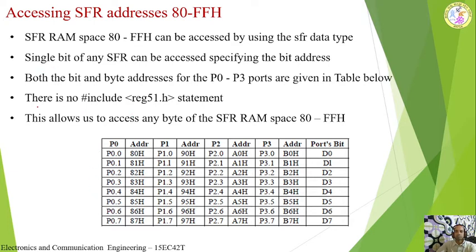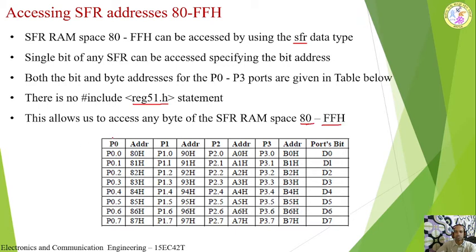Now, there is no #include reg51.h statement. It is not necessary to access the particular port pins if I declare that variable as an SFR register. This allows us to access any byte of SFR RAM space from 80 to FFH. A byte means what?